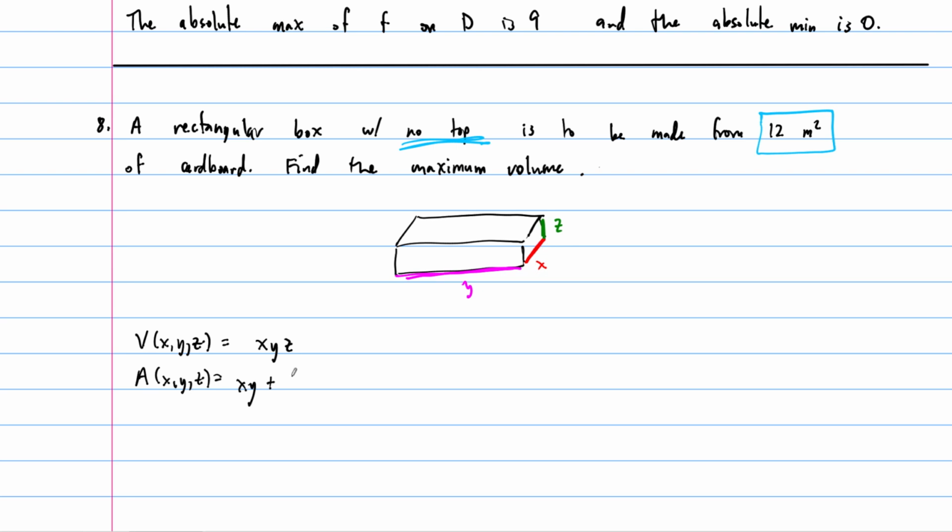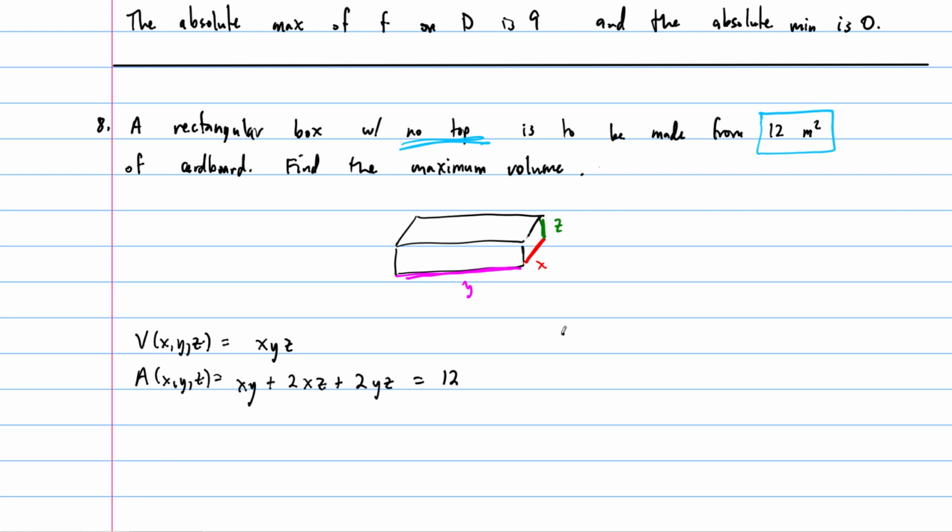So there's 2 copies of x times z, the right and the left, plus there's 2 copies of the faces z times y, the front and the back. So 2 times y times z. And this has got to be equal to 12. So this constraint here is the key.